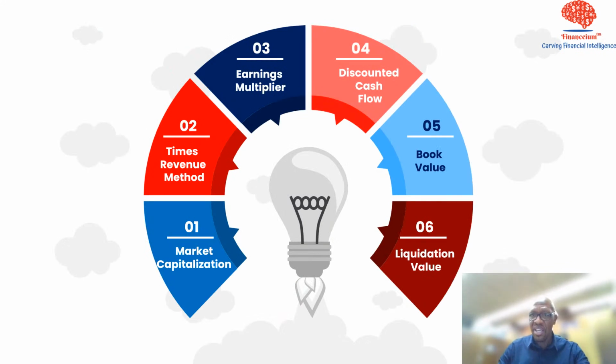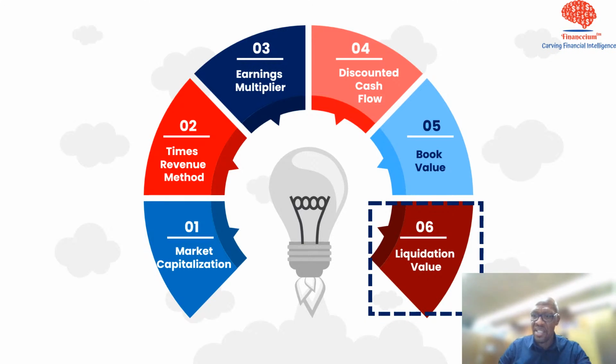Today, we're doing the sixth valuation model, the liquidation model. We've done the market cap times revenue, earnings multiplier, discounted cash flow, and the last video was on book value.